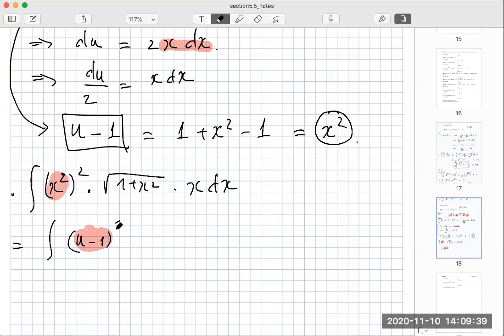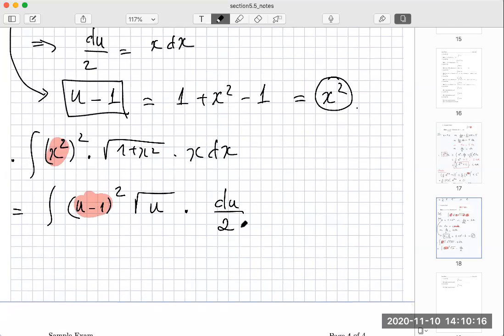The power, we just rewrite it. Here, square root of u, right? And du over 2, right? Be careful. So now everything is written in terms of u. So the constant here, let us take it out to make our life a little bit easier.